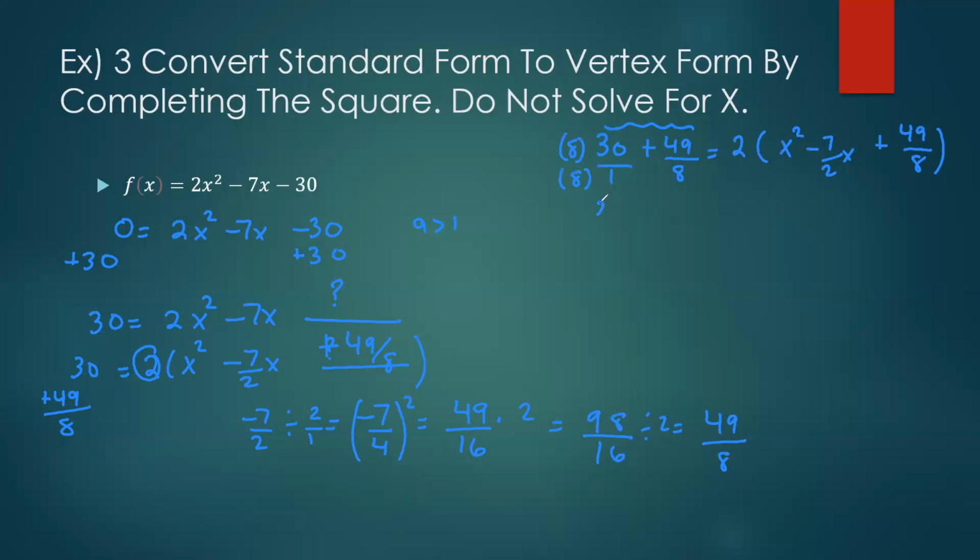So that's 240 plus 49 over 8, which is 289 over 8. And then that's 2 times x squared minus 7/2 x plus 49 over 8.